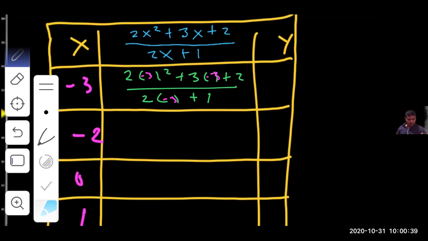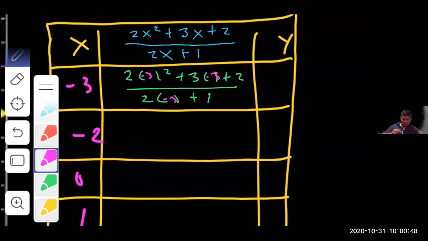Oh my gosh. 11.6, guys. You got that? Please, can someone tell me? I got 8.6. Oh my gosh, there is a mistake, so I'm going to do it again. 2 times negative 3 squared plus 3 times negative 3 plus 2.